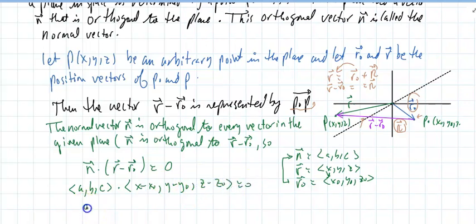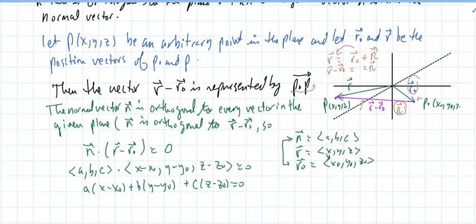Well, what does that mean? That means a times x minus x naught plus b times y minus y naught plus c times z minus z naught equals 0. And what that does, that gives me an equation of a plane.